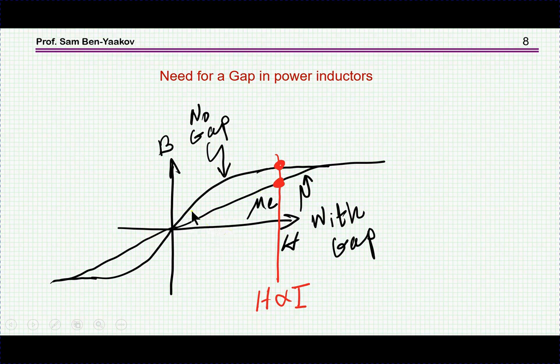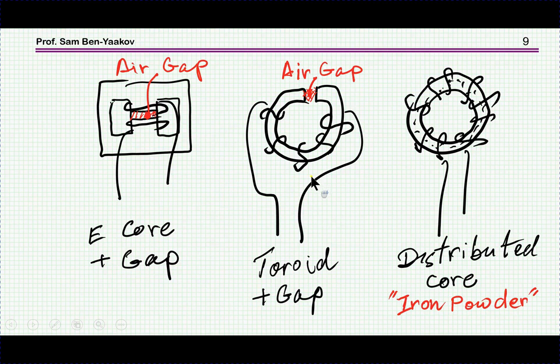If we dilute the permeability by adding a gap, and this is explained in the videos that I've linked or referred to, then the equivalent permeability is lower. So with this same current or magnetic field, we are not going to hit saturation. So this is the rationale for adding a gap to lower the equivalent permeability of the material, so as not to go into saturation.